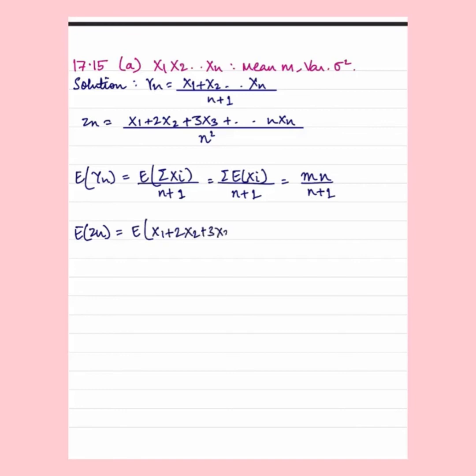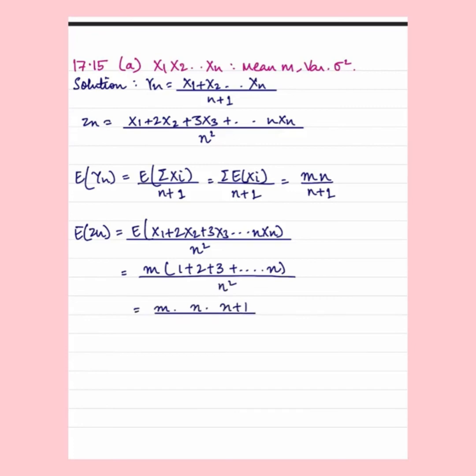Here theta equals to m, and expected value of Zn is equal to m into n plus 1 upon 2n, which is certainly not equal to m.